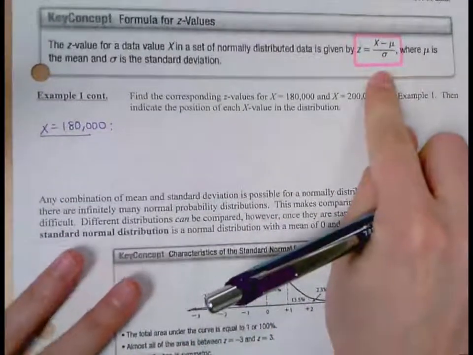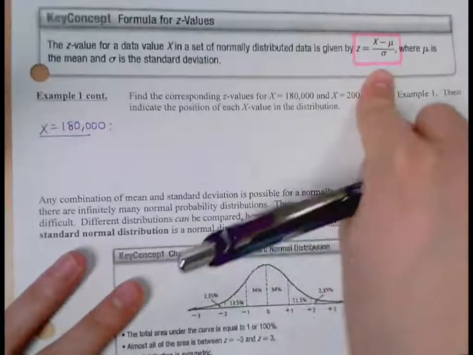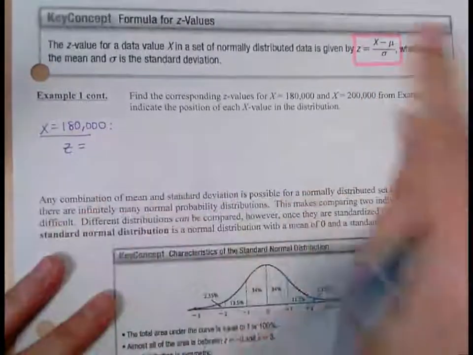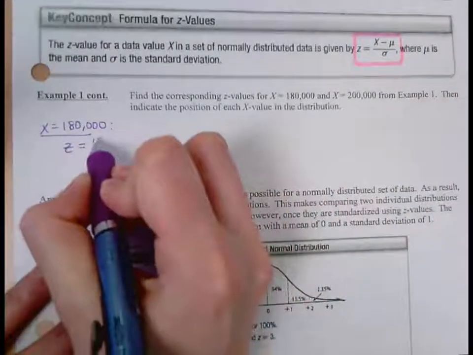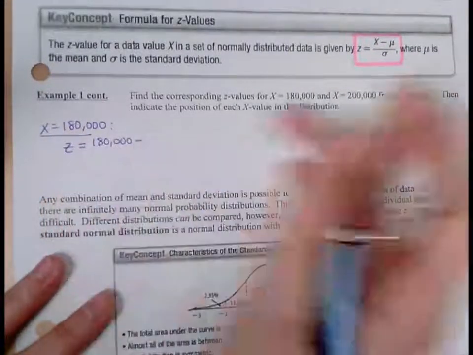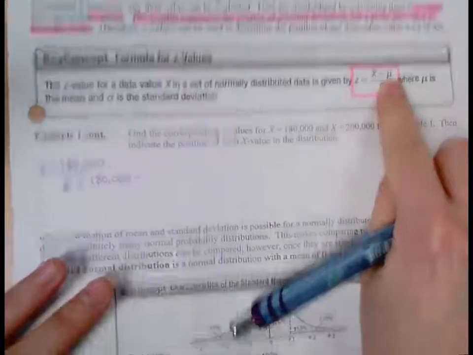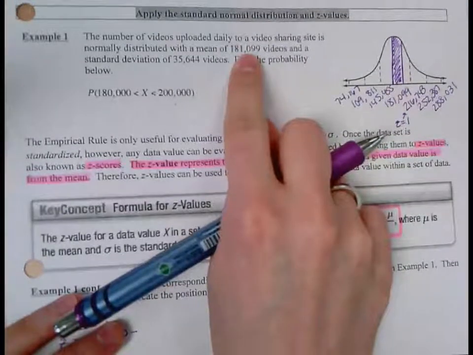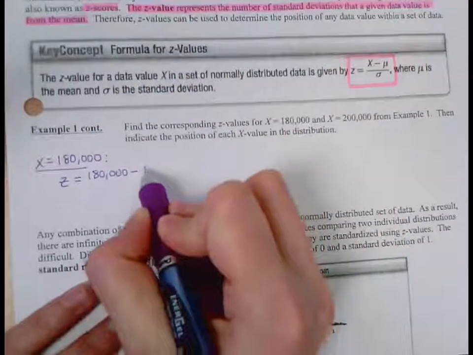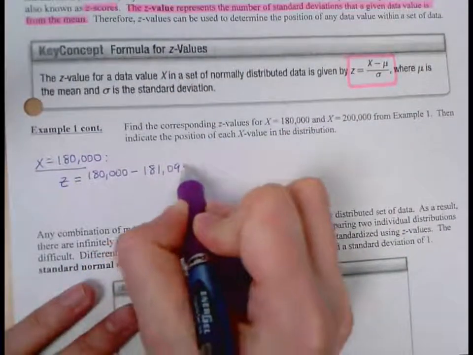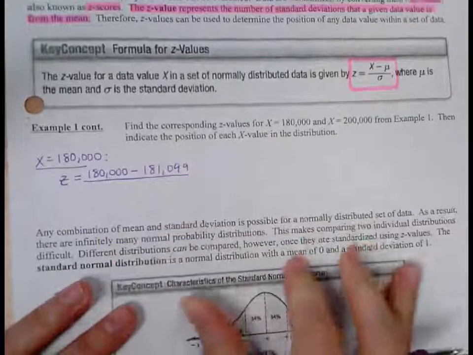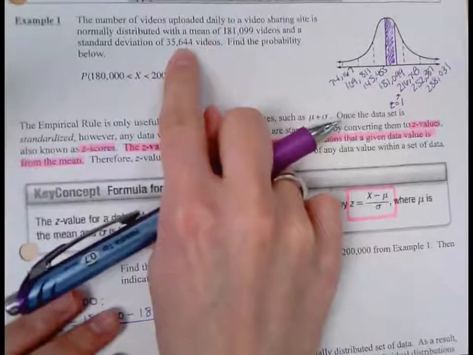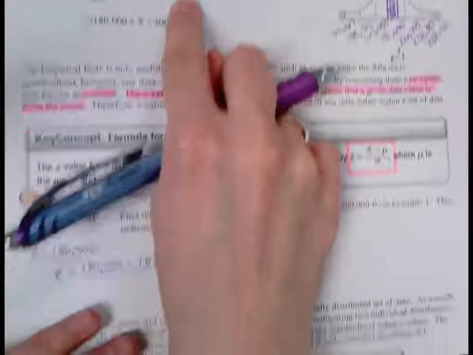And the formula to find that z-value is right here. The z-value is going to equal my x value, which is 180,000, minus the mean, which in example 1 was 181,099, all divided by the standard deviation, which in example 1 is 35,644.